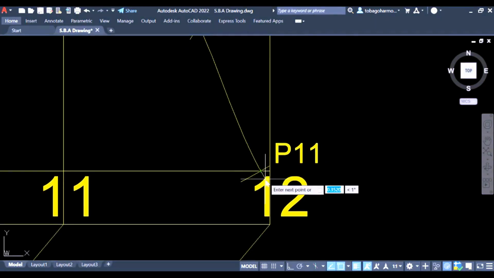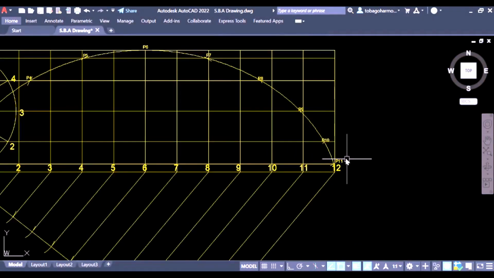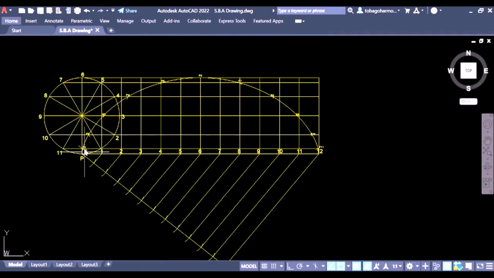Alright, so this is P11 and we will end at P12. You enter it and that's it. This is your cycloid.